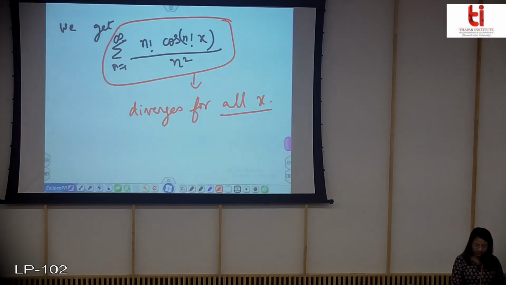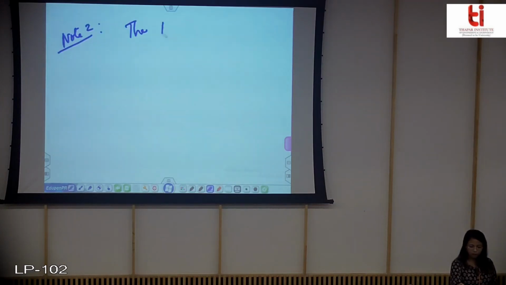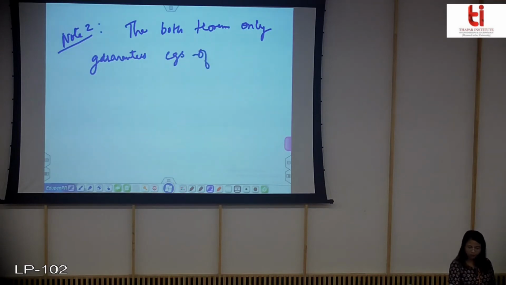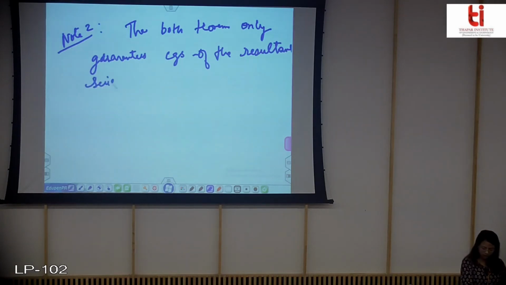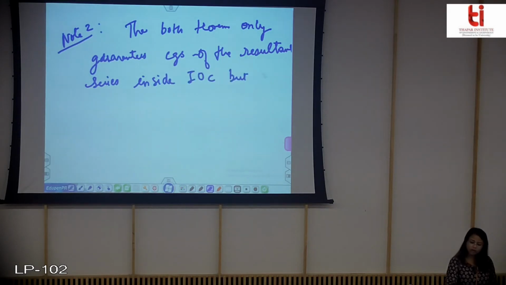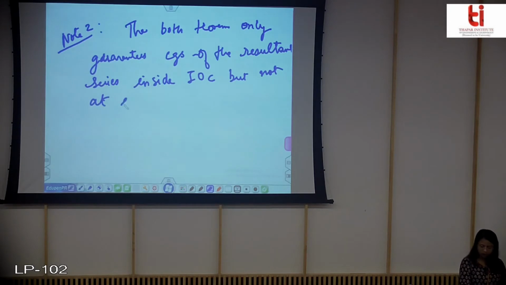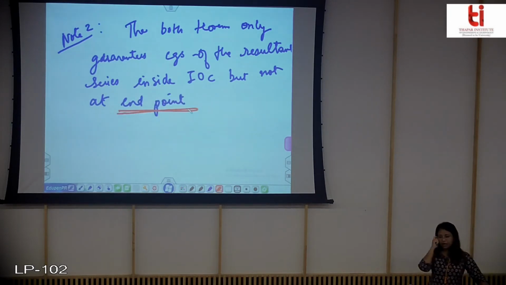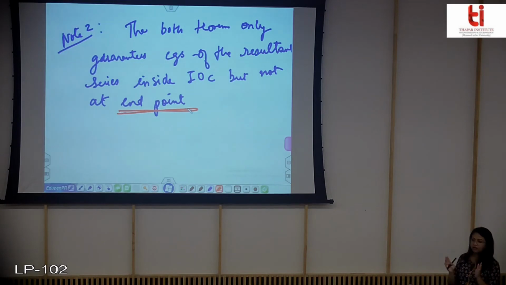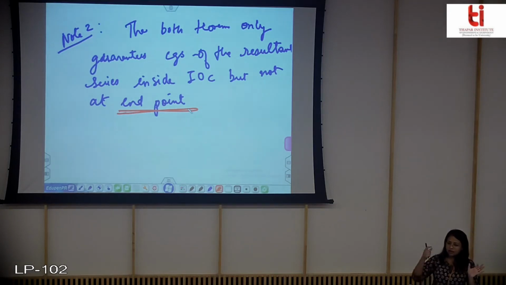Now secondly, both theorems only guarantee convergence of the resultant series inside the interval of convergence, but not at the end points. This means that if my original series is convergent for a minus r to a plus r, then the derived series will also converge for all the values in between.